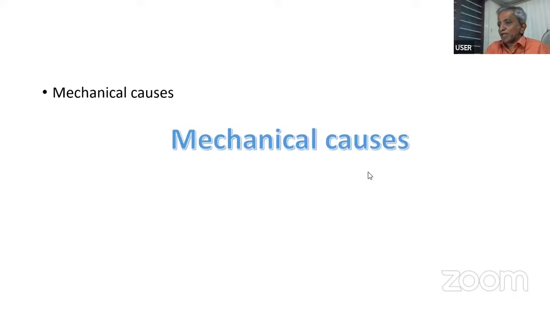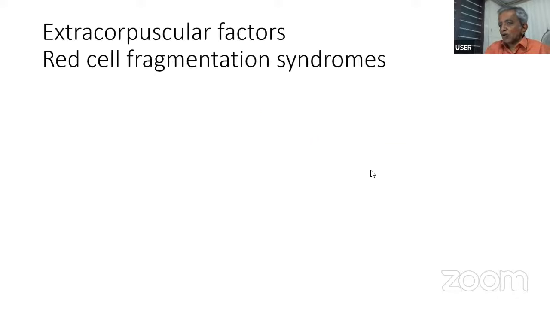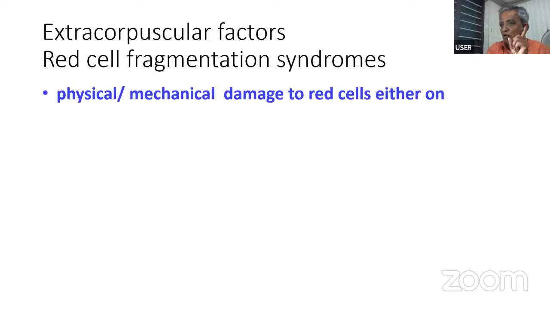Now come to the mechanical causes. The mechanical causes produce, as I already told you, what is called red cell fragmentation syndrome. In the vascular channel, there is some abnormality. RBCs go and hit it and get lysed. That is the feature of red cell fragmentation syndrome.